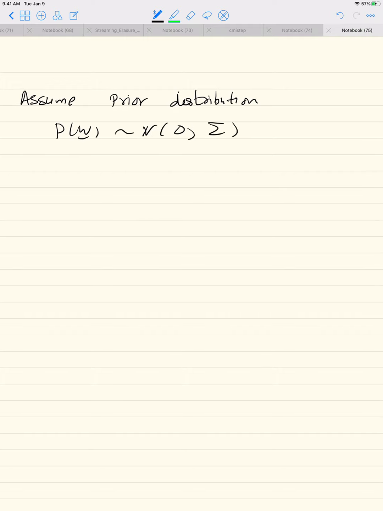Now in our approach, what we do is just assume some prior distribution on W. So we assume P of W is Gaussian, say with zero mean and some covariance sigma. And the likelihood function is known in this model.